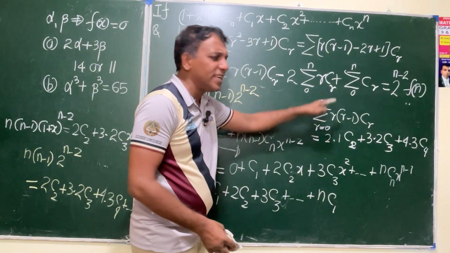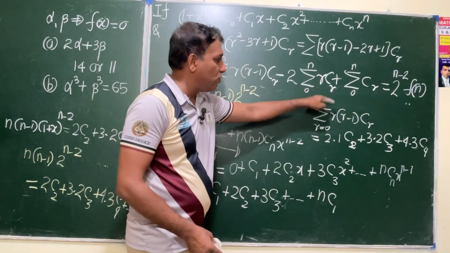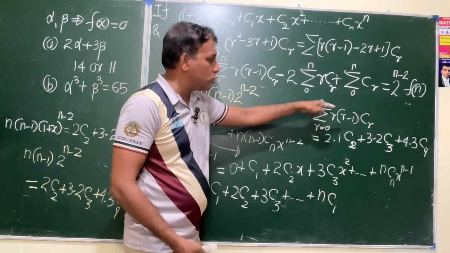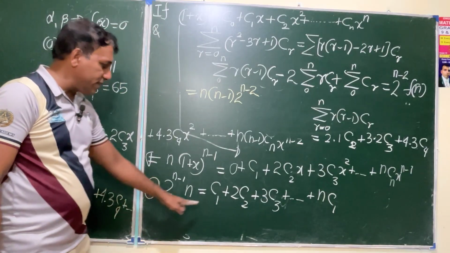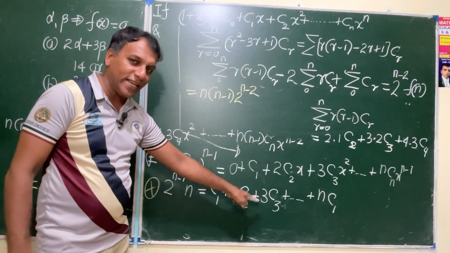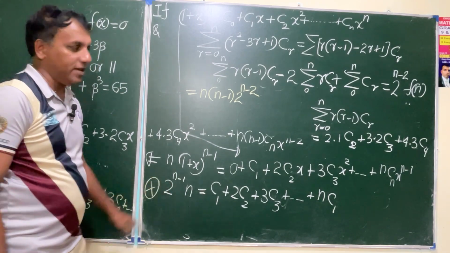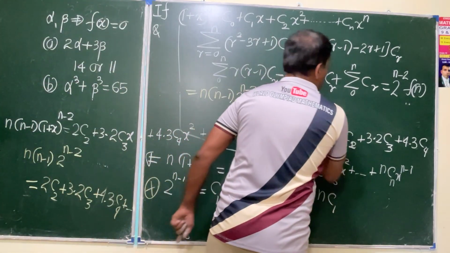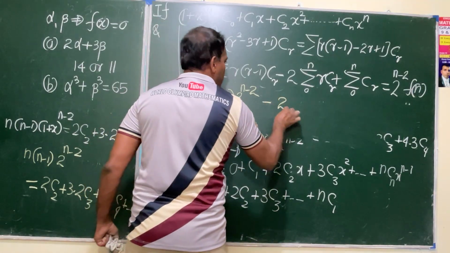What is rCr? Put r for 0. First is 0. 1C1 plus 2C2 plus 3C3 up to that. Answer this. Okay, therefore this expansion, next part here, negative 2 into this.